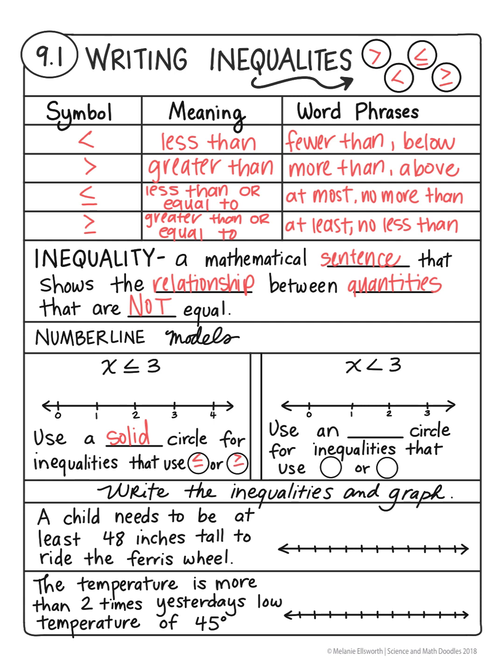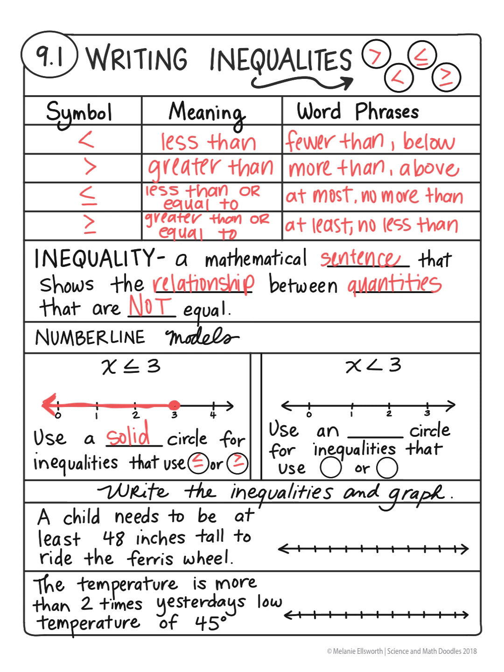So if it's exactly the number or less than that number, I'm going to put a point at 3 and color it in, because x could be any number that's exactly 3, but it could also be any number less than 3. So I draw my line to the left and I put an arrow showing that x could be any number smaller than 3, but it can also be exactly 3.